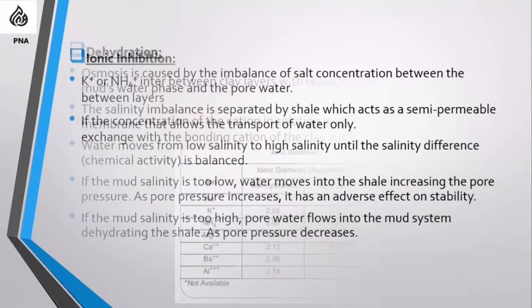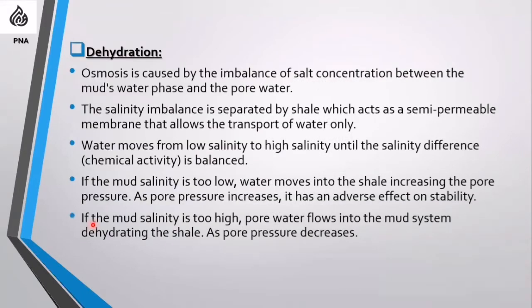Dehydration osmosis is caused by the imbalance of salt concentration between the mud water phase and the pore water. The salinity imbalance is separated by shale, which acts as a semi-permeable membrane that allows the transport of water only.